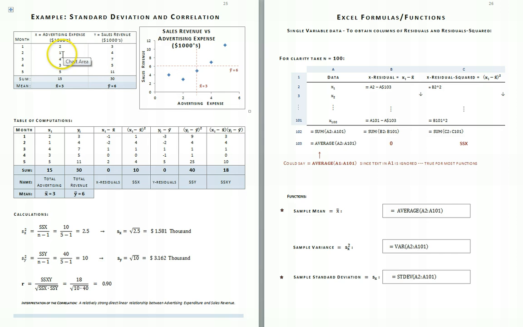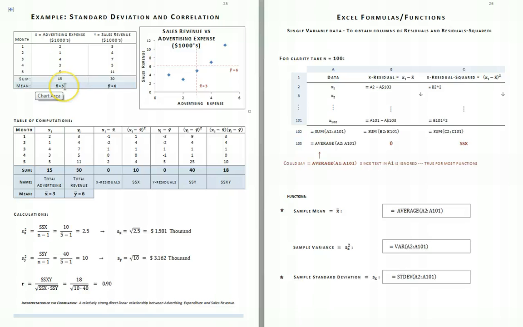The next month, $1,000 in advertising expense and $4,000 in sales revenue. That's this month right here. The sum of the advertising expense column says that $15,000 was spent in total over the 5 months on advertising.